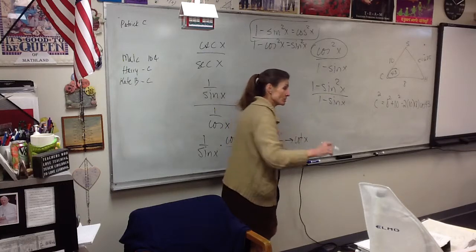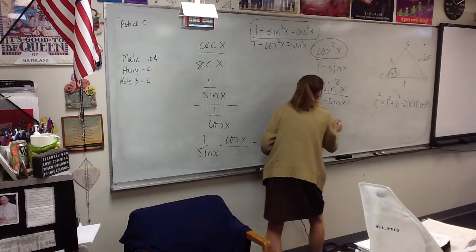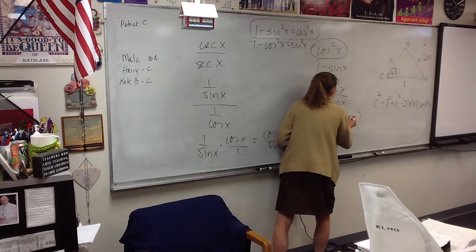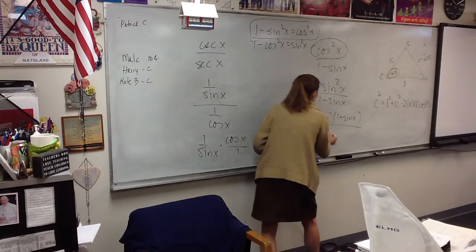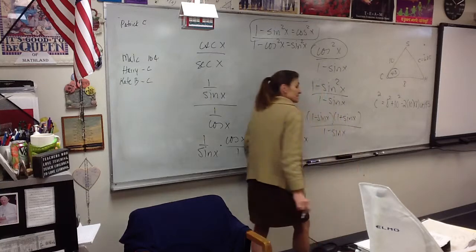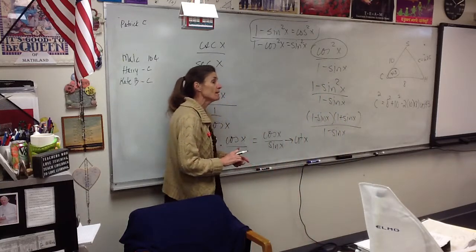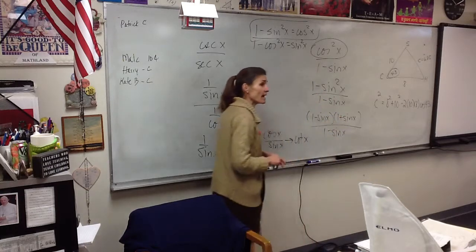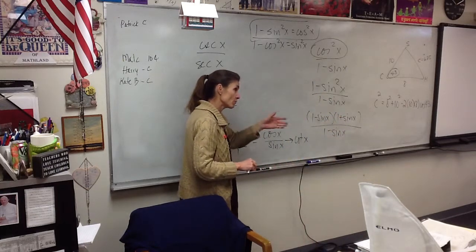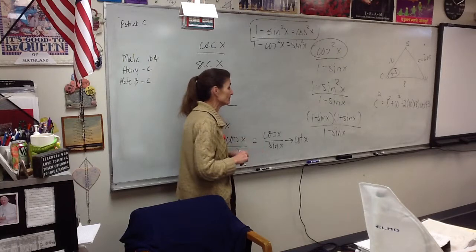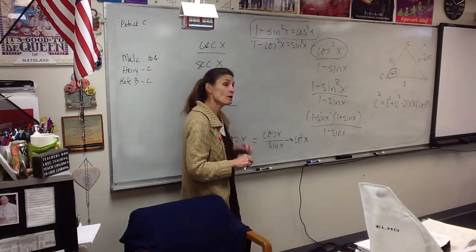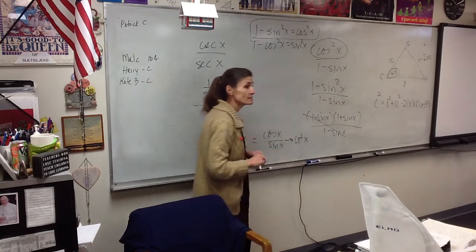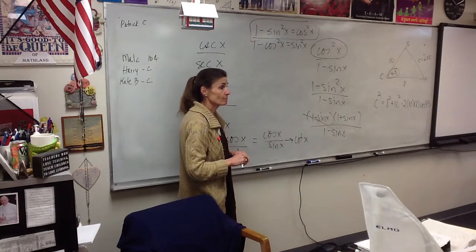It factors. And how does it factor, Brooke? 1 minus sine x, 1 plus sine x. That is exactly right. It's the difference of squares. Whenever you have a square minus a square, you can factor it as first plus second, first minus second. And then what do you notice? They cancel, and the answer is 1 plus sine.